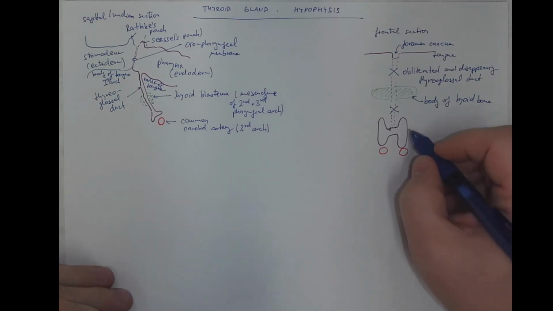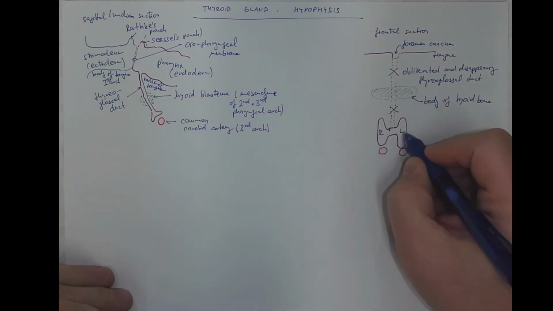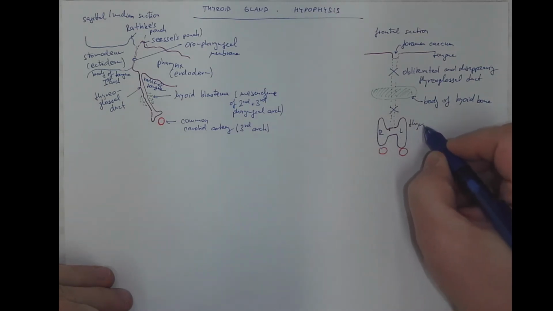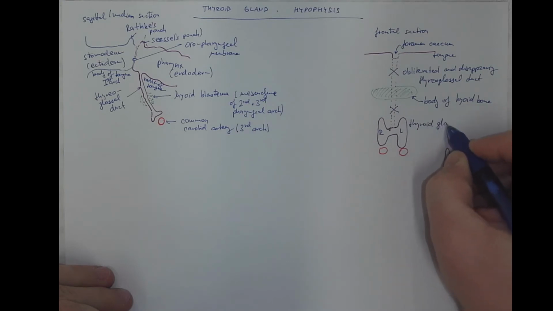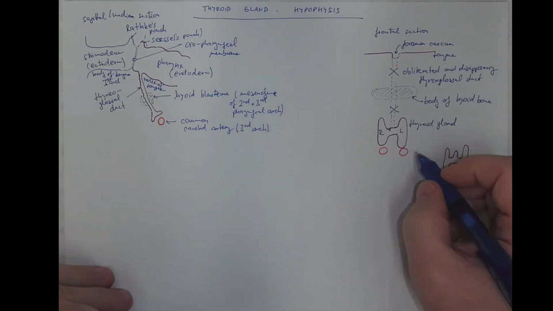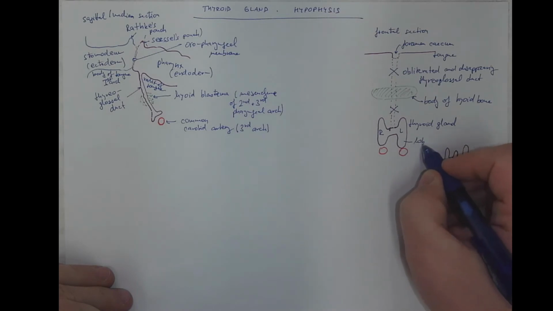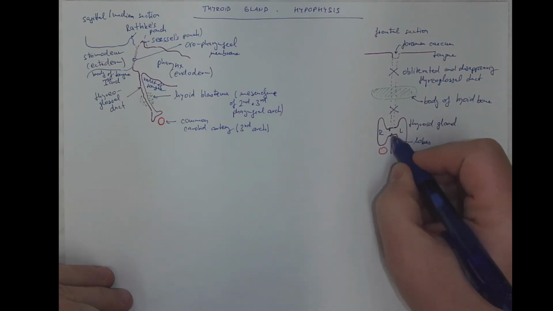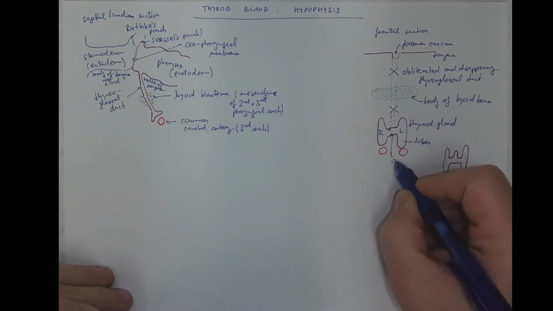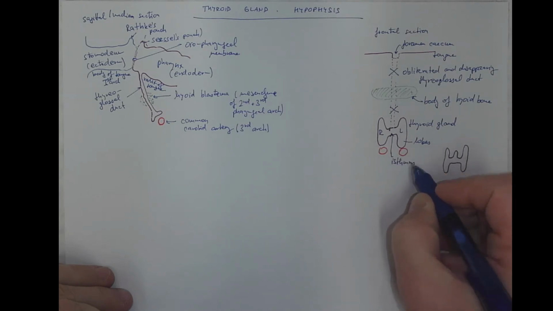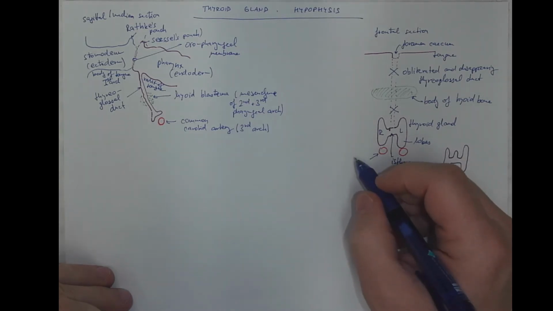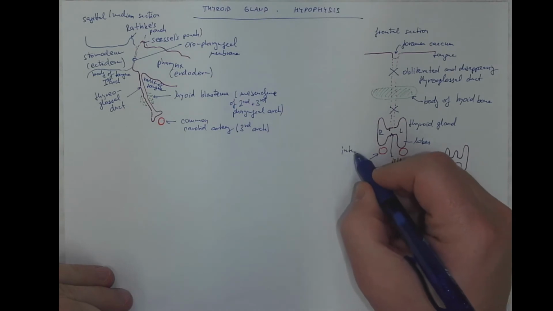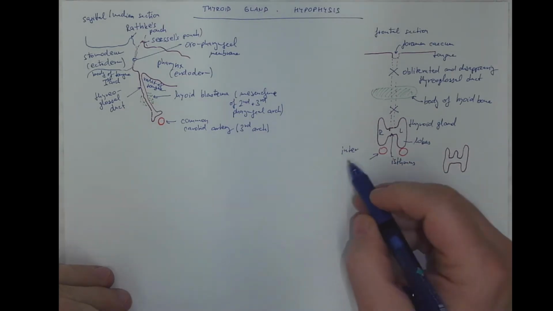And this is the thyroid gland with the right and left lobe. And this is the isthmus, the connecting part. And these are the internal carotid arteries, arteries of the third arch.